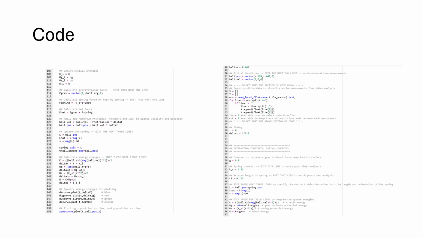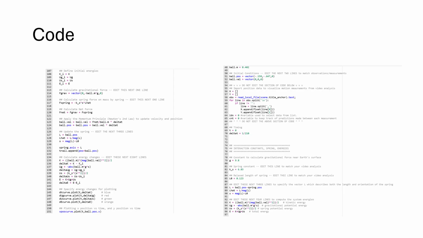And then if you look down, we set the values for gravity, and we use the spring constant and L naught from the data in the video provided, and we calculated L by doing the initial position minus spring position, and then L hat, which is L over the magnitude of L, and then we have S, which is just L minus L naught.